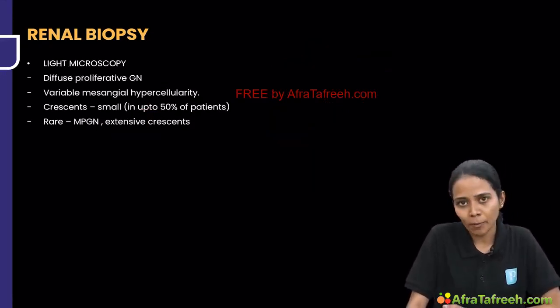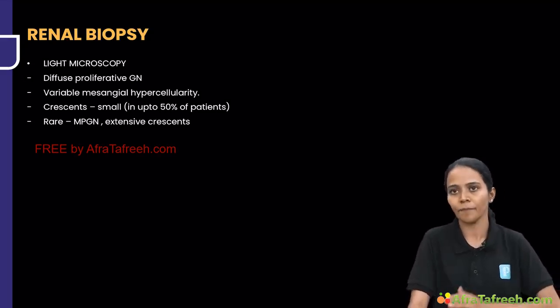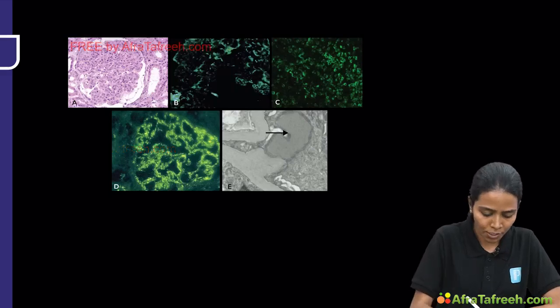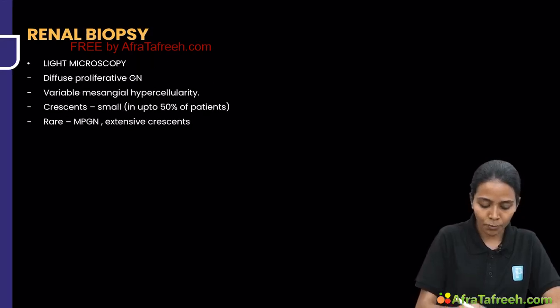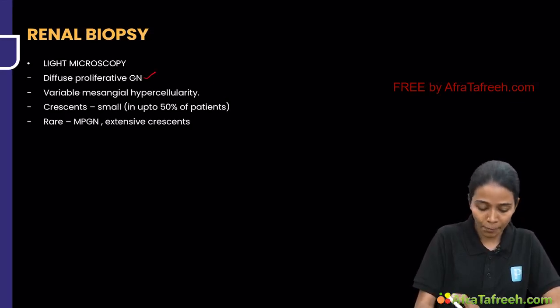Now, when you go to renal biopsy, you see light microscopy, immunofluorescence, and electron microscopy. In light microscopy, like you can see in this picture, there is going to be diffuse proliferative glomerulonephritis, and there is going to be mesangial hypercellularity.